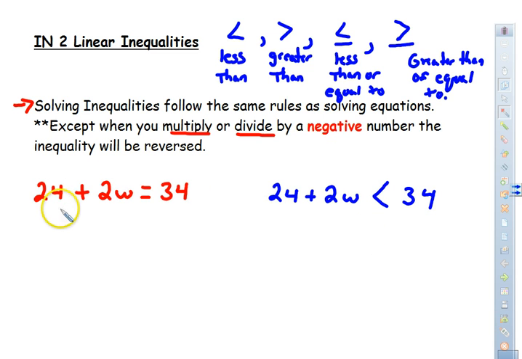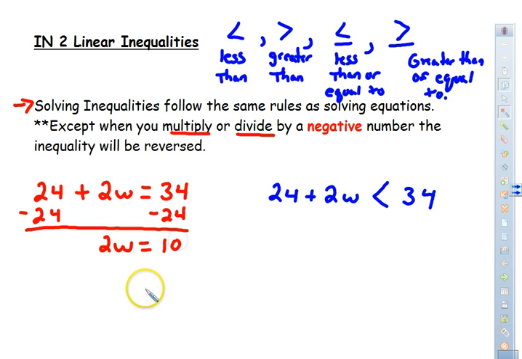Okay, so we first start with our number that's with the variable that's all by itself, and since this is a positive 24, we're going to add a negative 24 to both sides. And we draw our line. This equals 0, so we can leave it. So now it is 2w equals, and then since we are adding a positive with a negative, we subtract, and we get a positive 10.